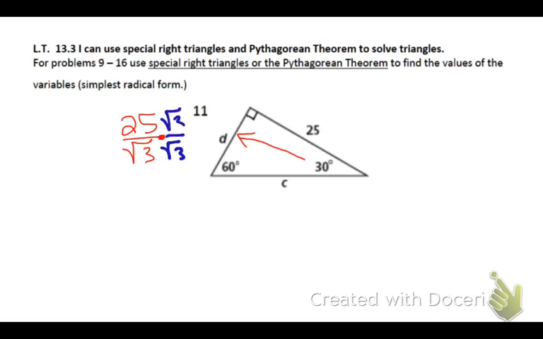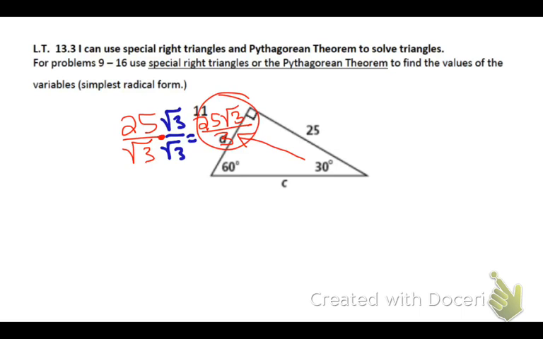So that turns out to be, final answer, 25 radical 3, and then on the bottom, the radical 3 times the radical 3 becomes radical 9, or square root of 9, which is a positive 3. So that's your final answer there for at least that letter.